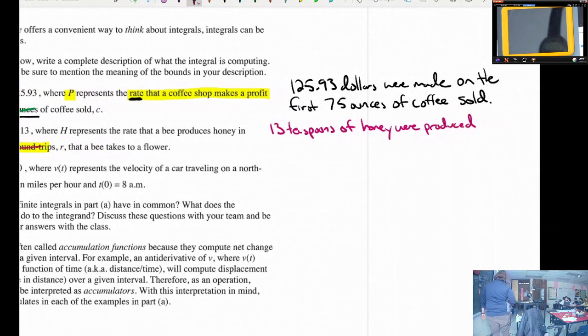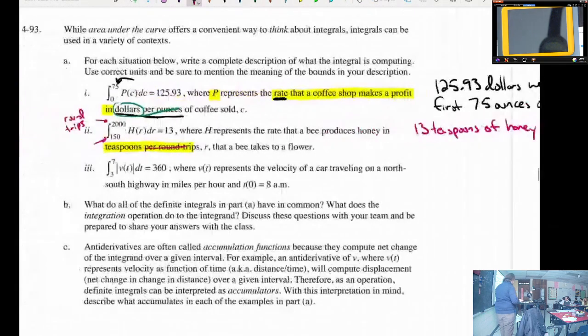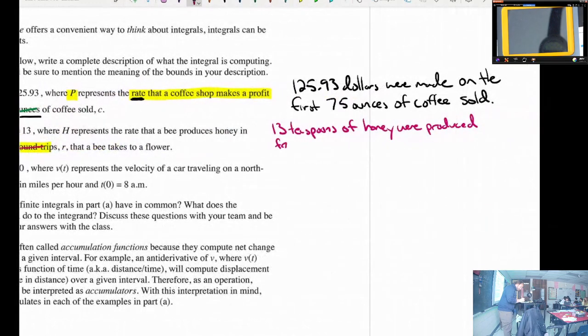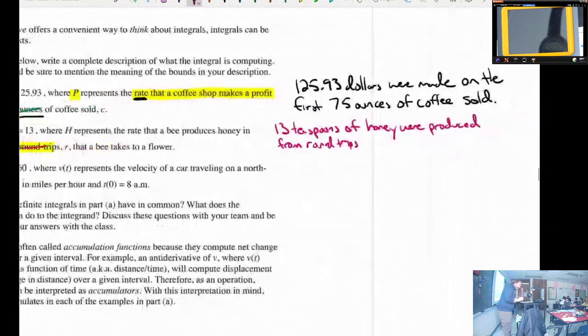Again, there you got your noun, you got your number, and you got your unit. Maybe N stands for number instead of noun. That might be a better idea. You got your number, you got your unit, and now all you got to think about is time. But time is weird in this case because it's actually the number of round trips they've made. I might say from round trips 150 through 2,000.